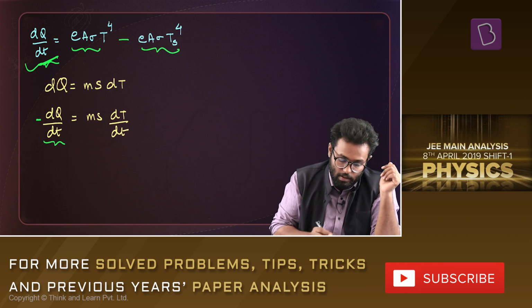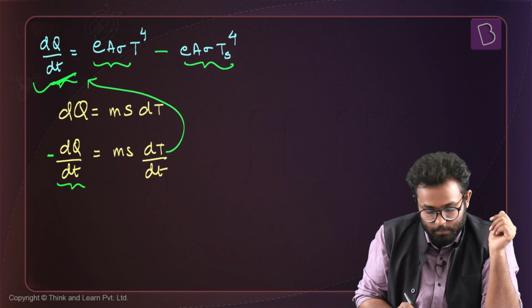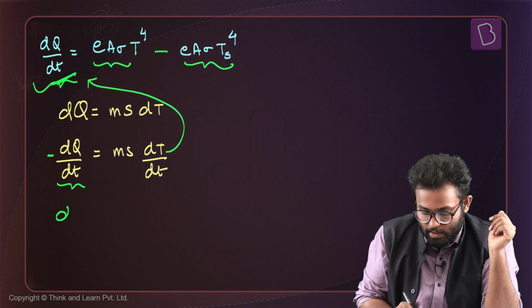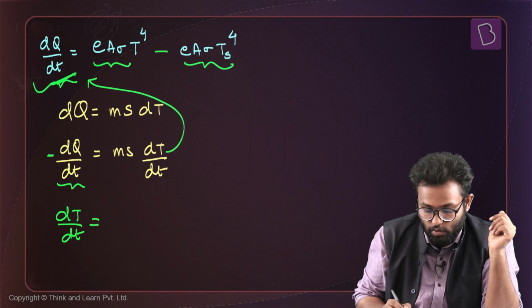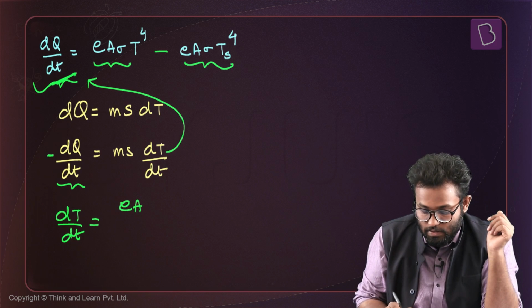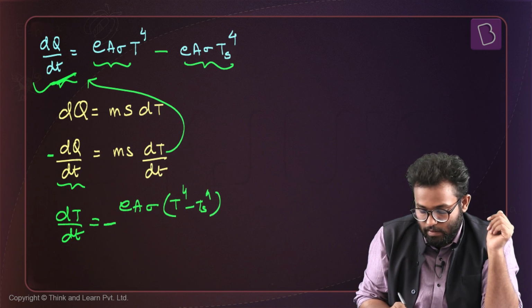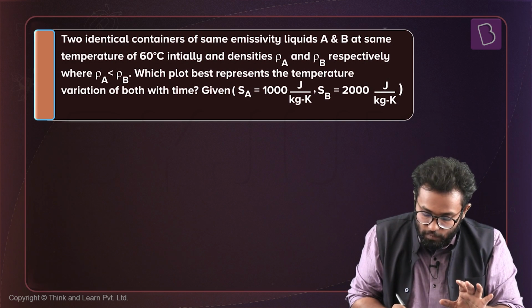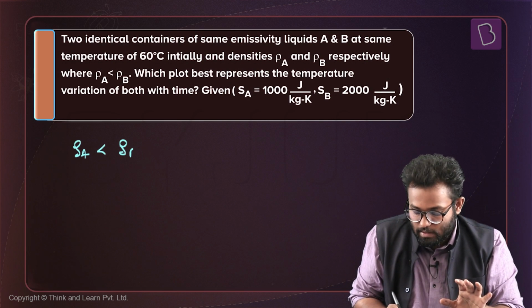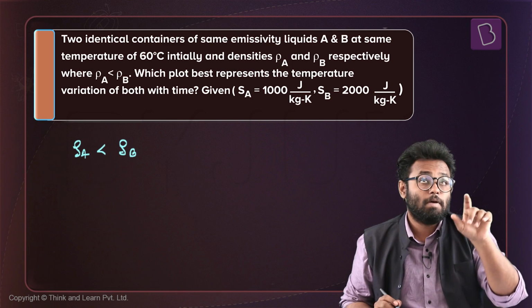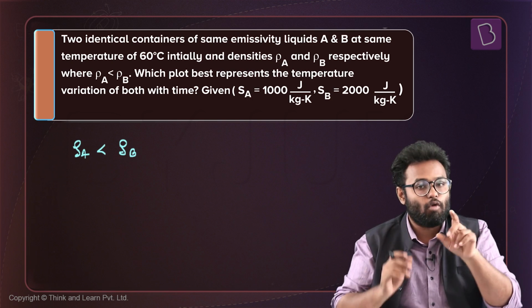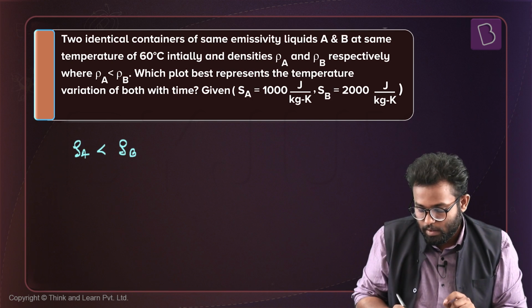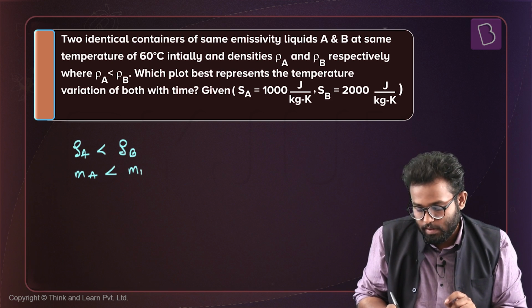So if I use this over in this equation, I get dT by dt equal to minus EA sigma times T to the power of 4 minus TS to the power of 4, divided by ms. That's what I'd get, right? In this case, it is given that the density of A is less than the density of B, but because the containers are identical, their volumes are the same, which means that the mass of A should also be less than the mass of B, right?